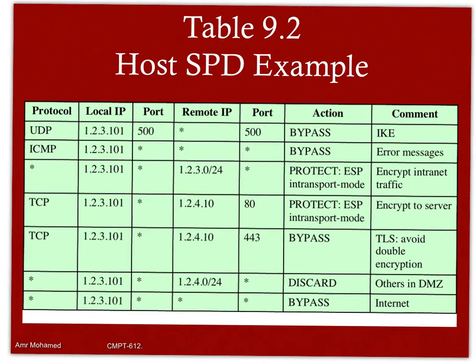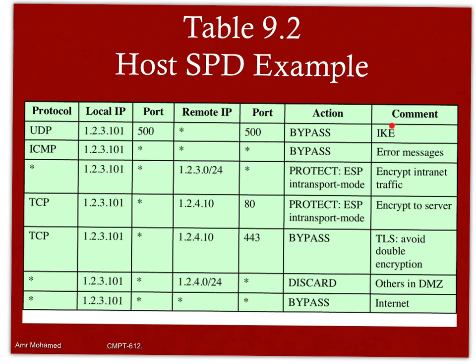So for example, this is one selector, so this is one row in the security policy database. If we have a UDP traffic coming from this particular IP address through this port, so I'm identifying a specific application endpoint, going to any remote IP address, I'm going to bypass.